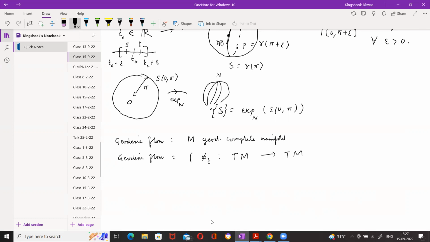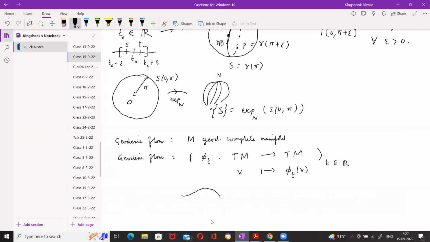So V goes to phi_t of V, for t in R. And how is it defined?